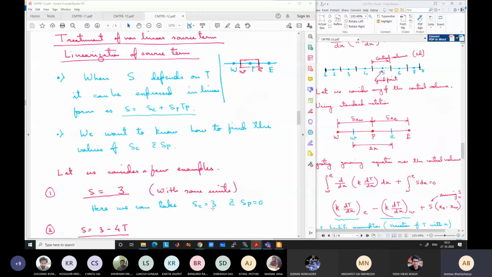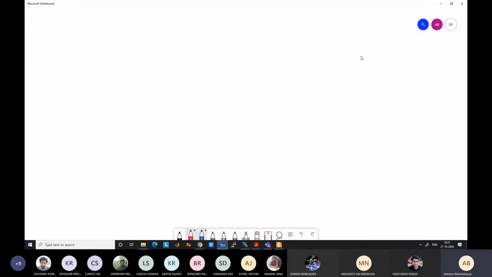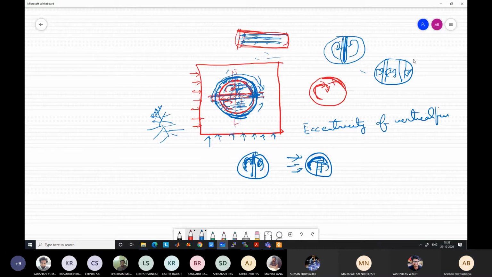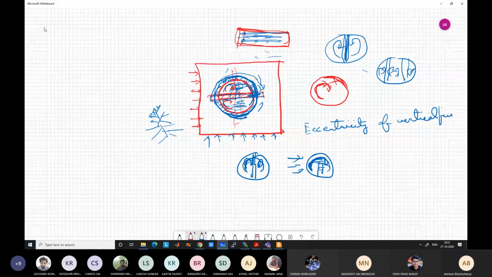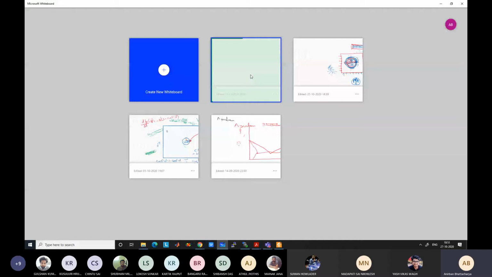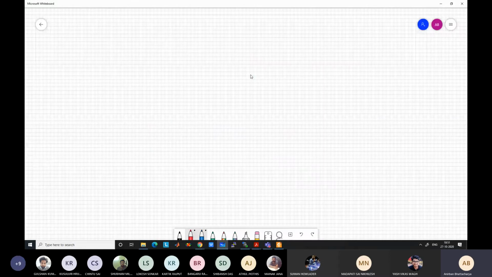What about this case? S is equal to 3 minus 4T. Let me write it down here, then I will show the notes.